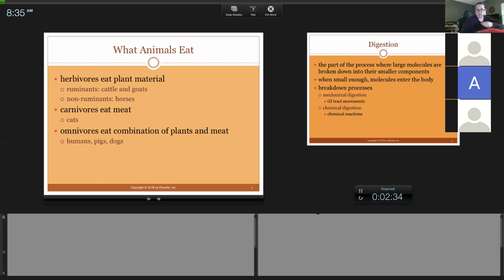When you have large animal class, you'll go through those names, but those are the terms for those species, and goats as well. But I use the cow as my model when I talk about it. And then a non-ruminant is a horse. Now cows and horses eat very close to the same material, they just digest it differently.